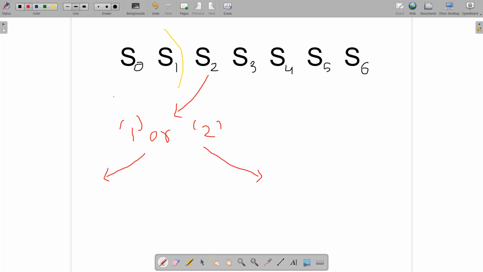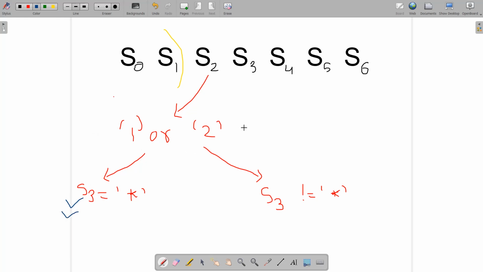There are many possible cases, like if S3 is star, and if S3 is not equal to star, we need to find out all the possible cases. Now I am talking about this S3 is the star and S2 is 1 or 2.